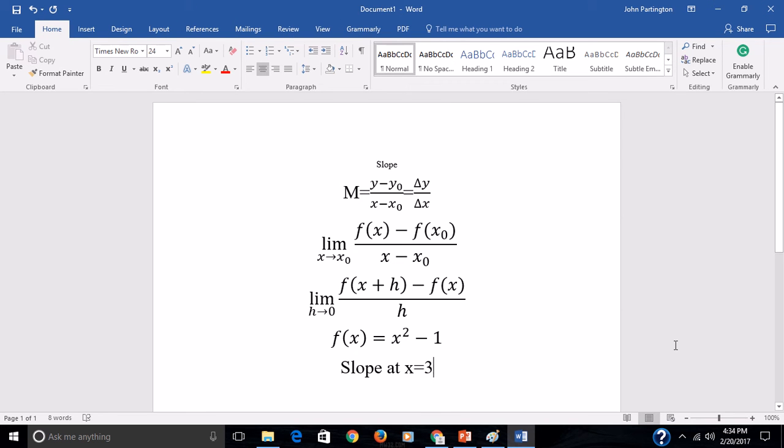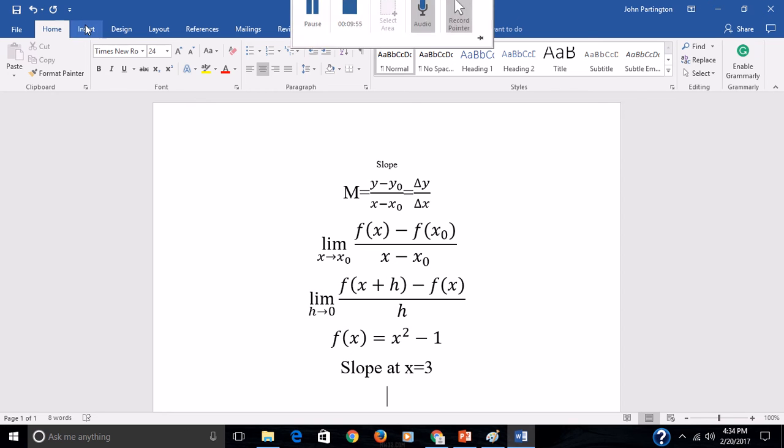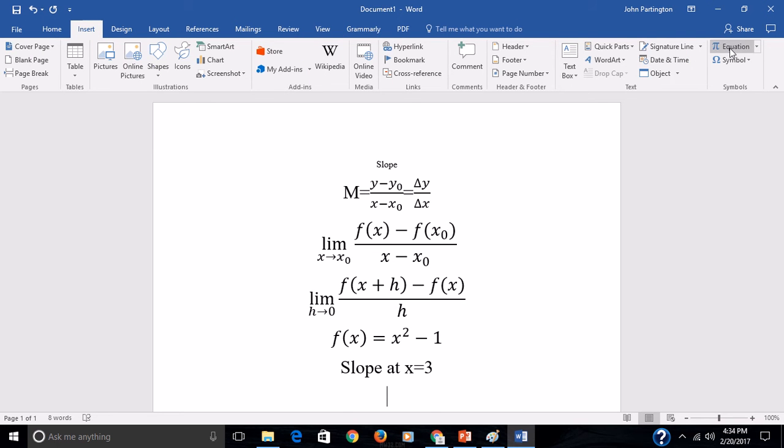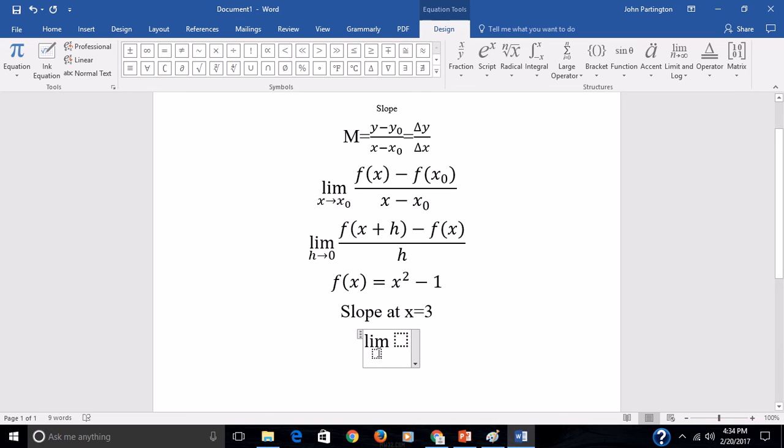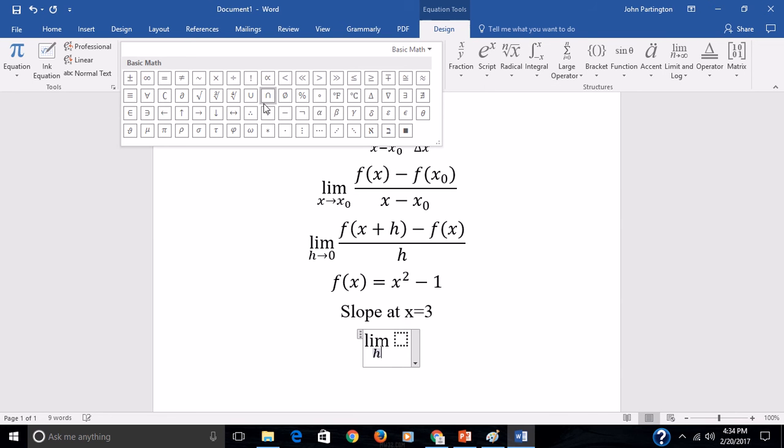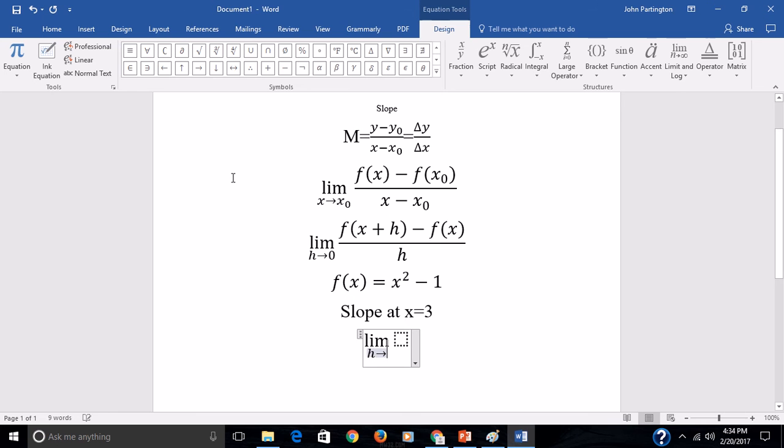Now, how are we going to do this? First, we want to substitute this value f of x and we're just going to evaluate. So we're going to insert the equation, and we're going to go the limit as h goes to 0 of.